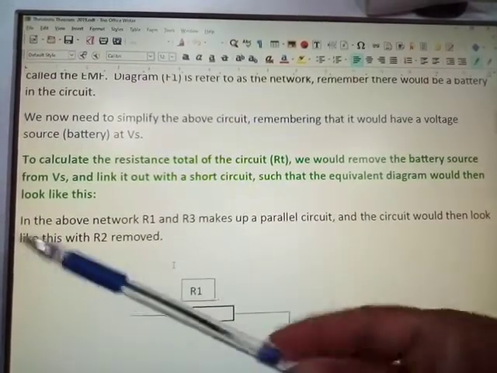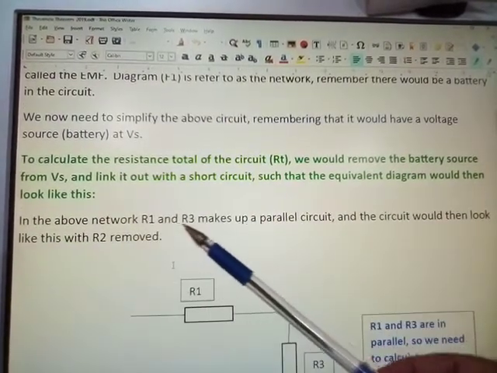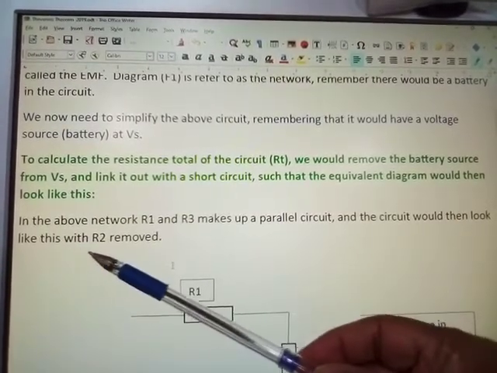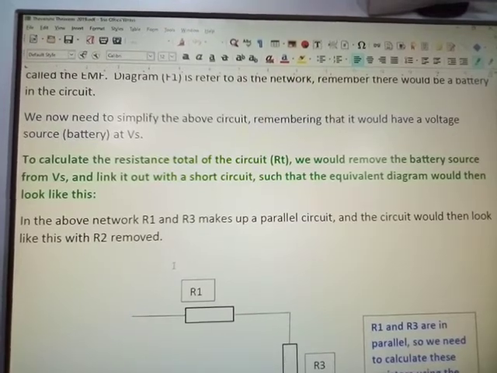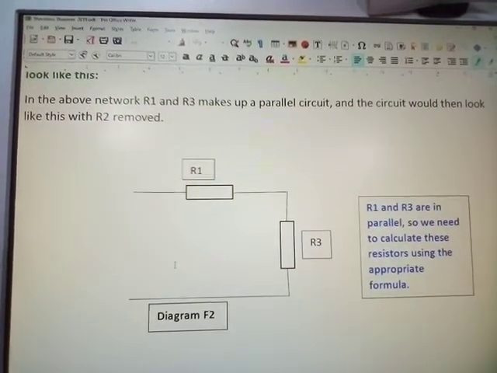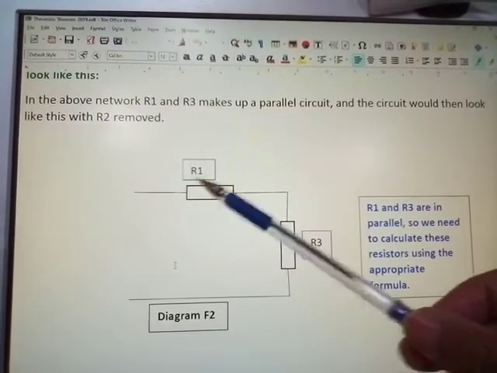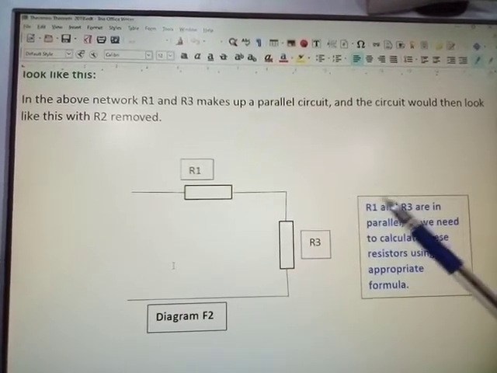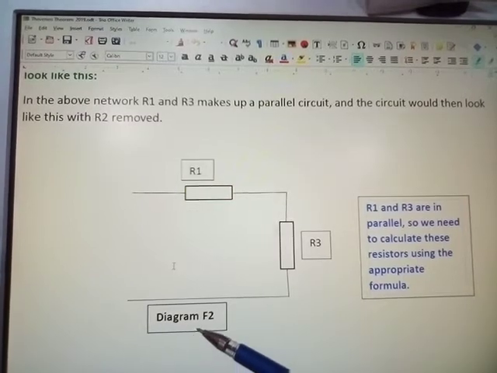Again, just to recap, in the above network, R1 and R3 make up a parallel circuit, and the circuit would then look like this with R2 removed. We have R1 and R3. R2 is no longer here, it has been taken out. This becomes diagram F2.